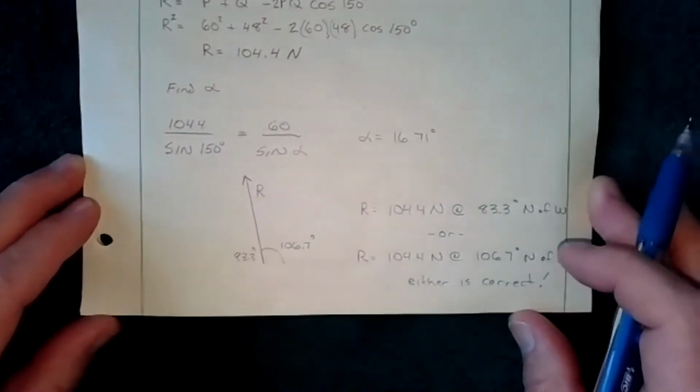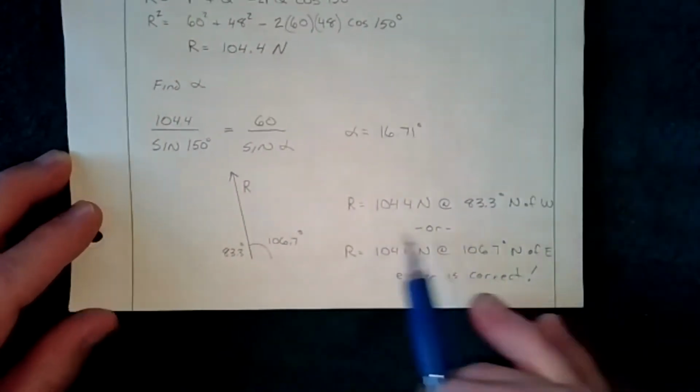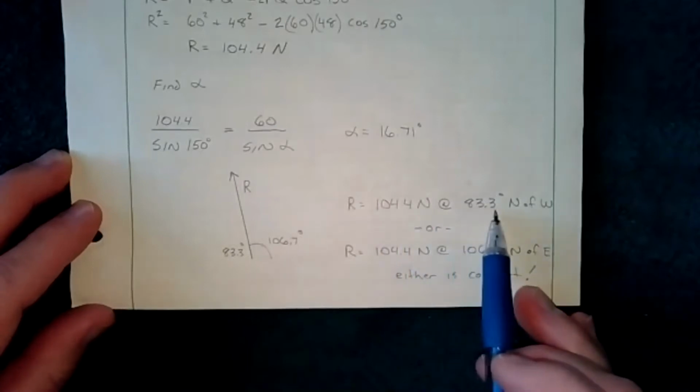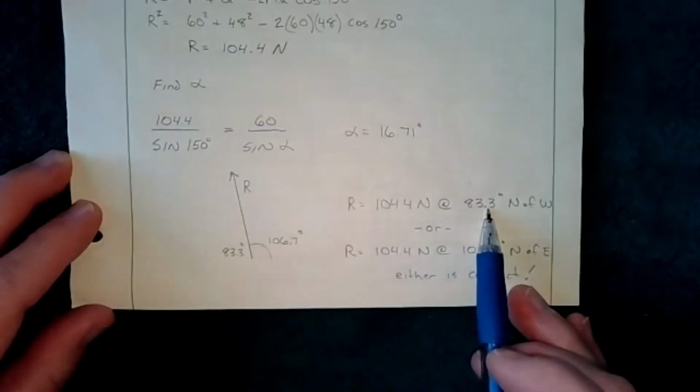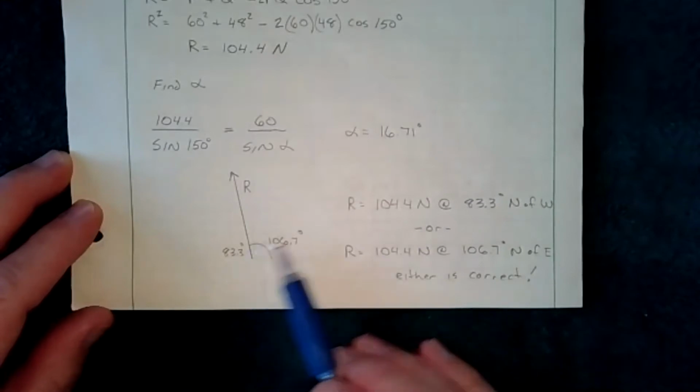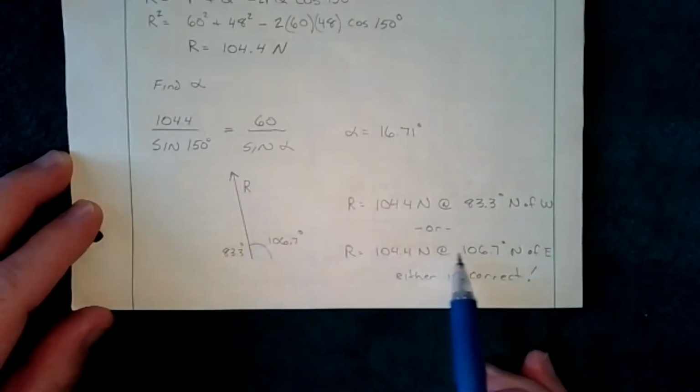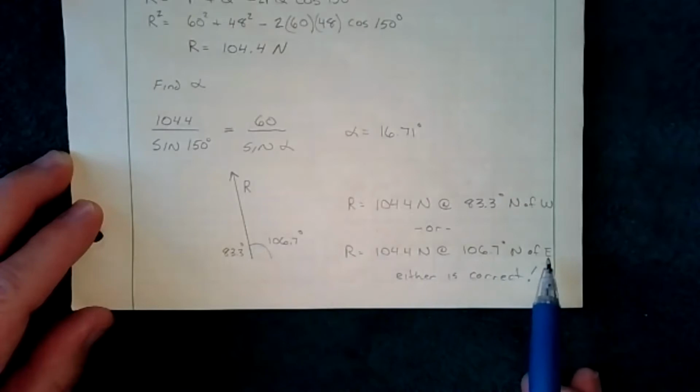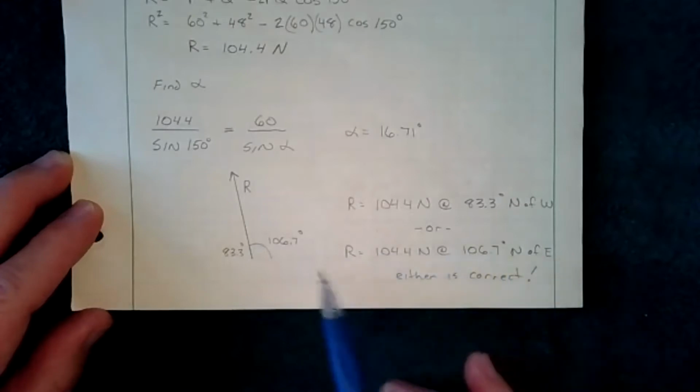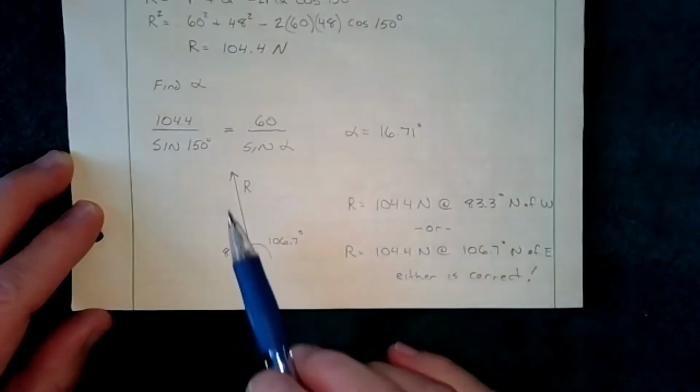Therefore, alpha is 16.71 degrees. So my final answer becomes 104.4 newtons at 83.3 degrees if I look at the supplement, or it can be 104.4 newtons at 106.7 degrees. Either one's correct, it doesn't matter what you do.